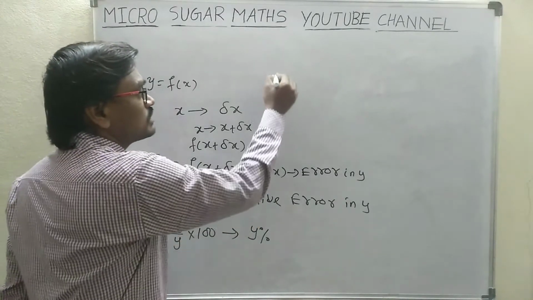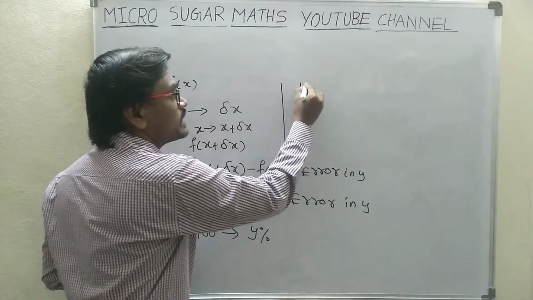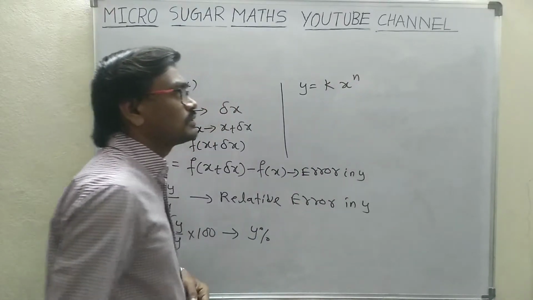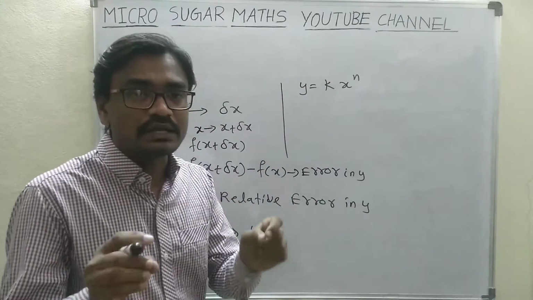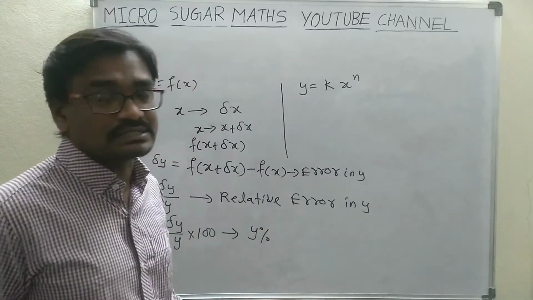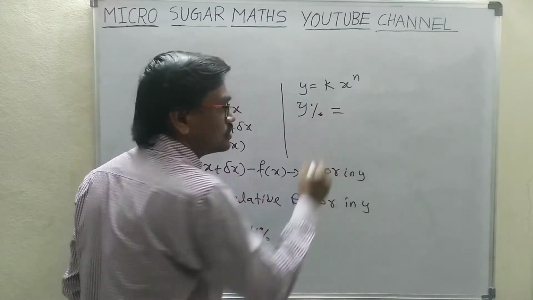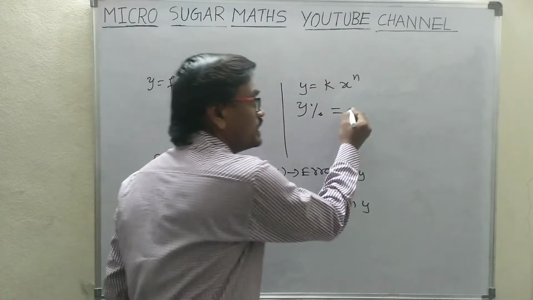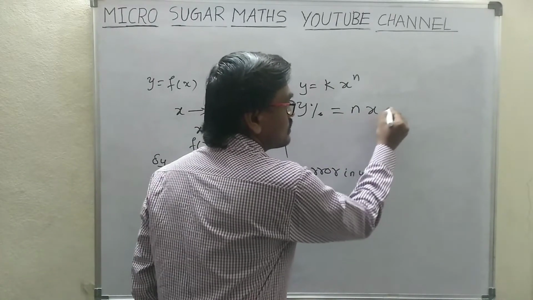Now students, when the relation between y and x is y equal to k into x power n, then our y percentage is equal to n into x percentage.